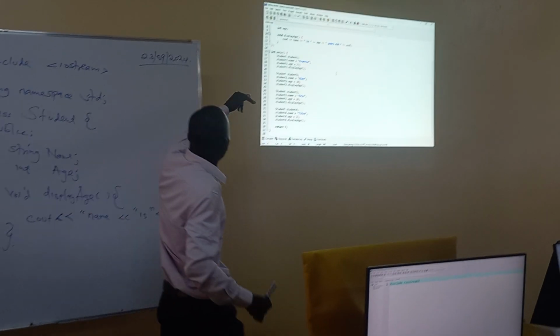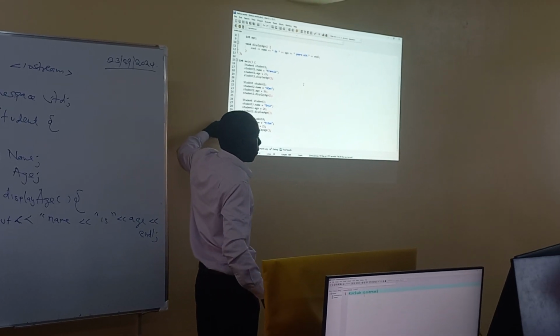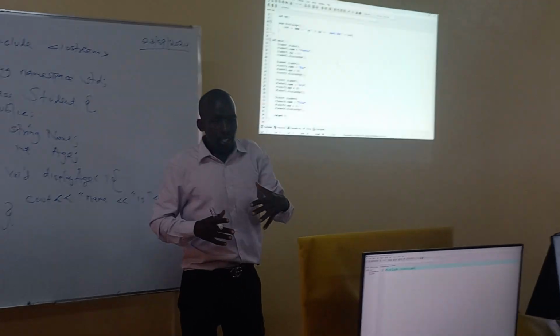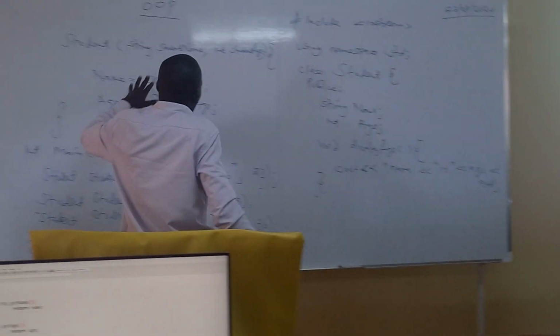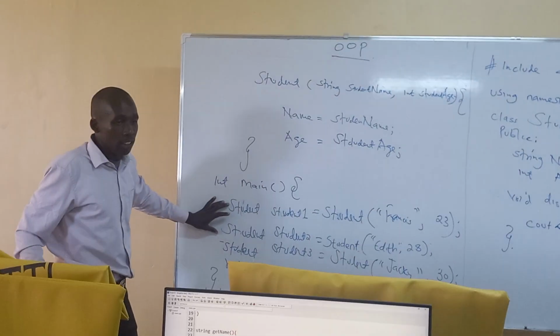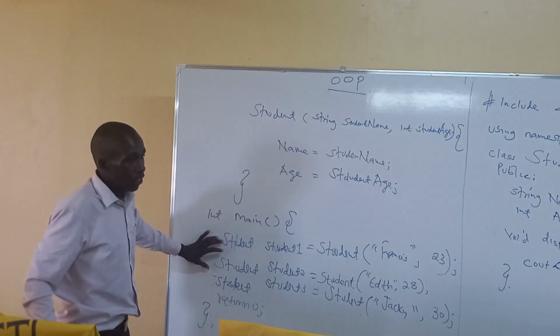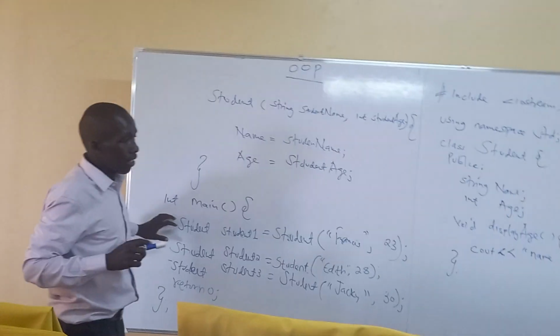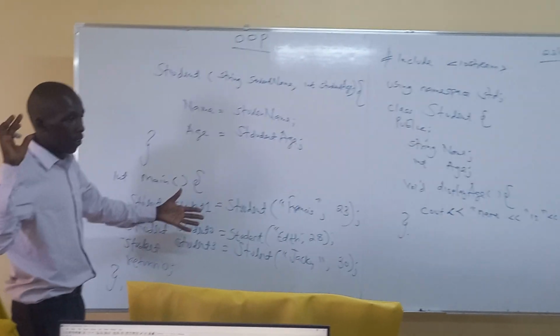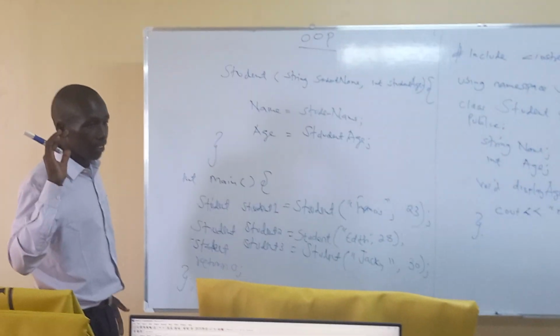This is from line 16 to line 34. A lot of codes. But with a constructor, it has only 4 lines, so that it can display the same task. So you see now the usefulness of a constructor in object-oriented programming language. Yes?